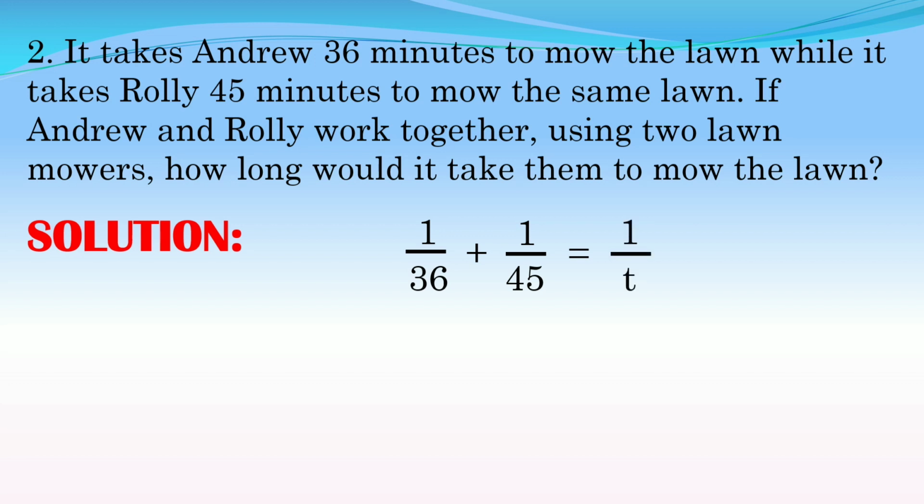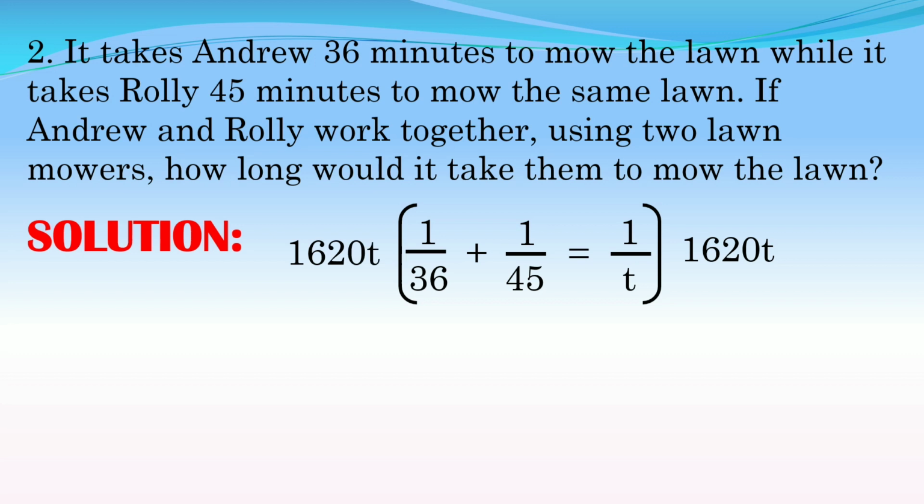So, ganun ulit, para ma-solve natin si T, kailangan natin kunin ang common denominator ni 36, 45, tsaka ni T. So, probably, ang kanilang common denominator ay 1,620 T. Then, we will multiply it both sides.